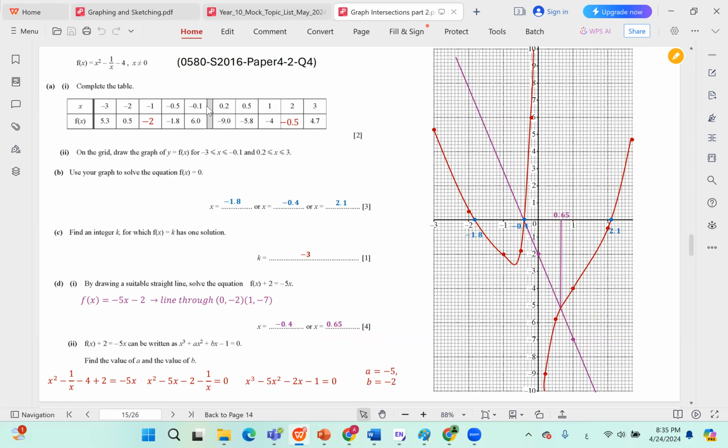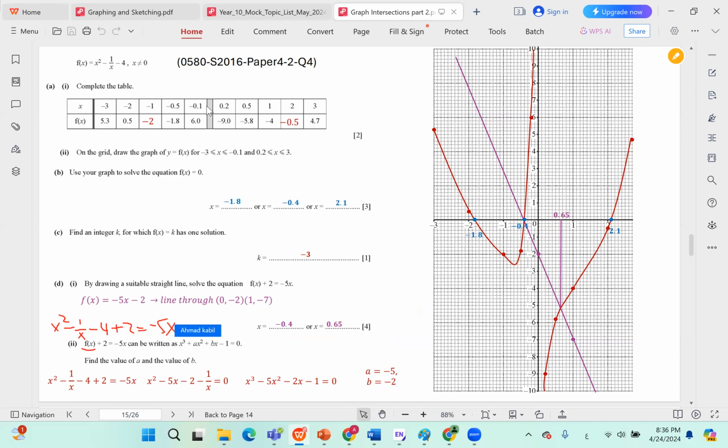Finally, we are told f(x) + 2 = -5x can be written in the form given. Find the value of a and b. So we begin by replacing f(x). So f(x) is x squared minus 1 over x minus 4, plus 2 equals -5x.